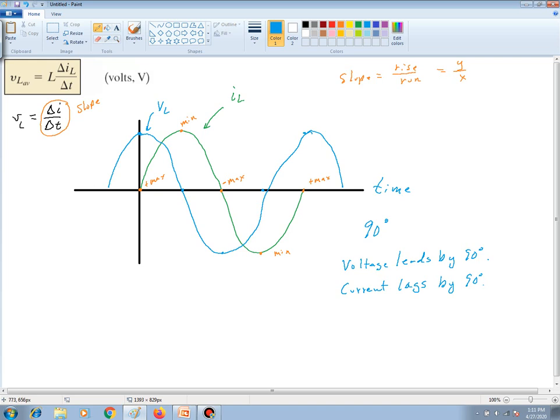Another way to view this is that for an inductor, the voltage can change instantaneously, but current cannot.